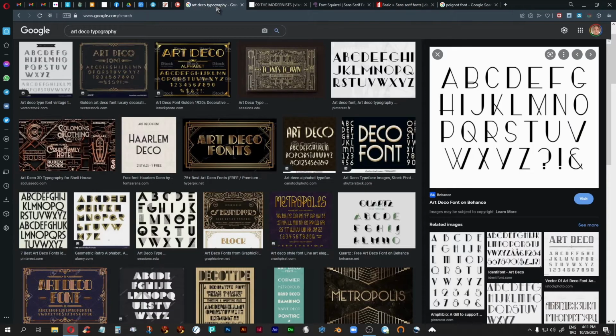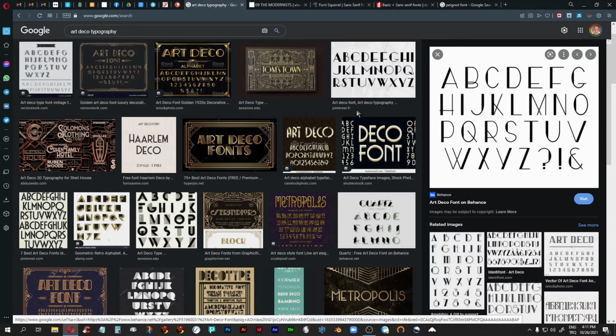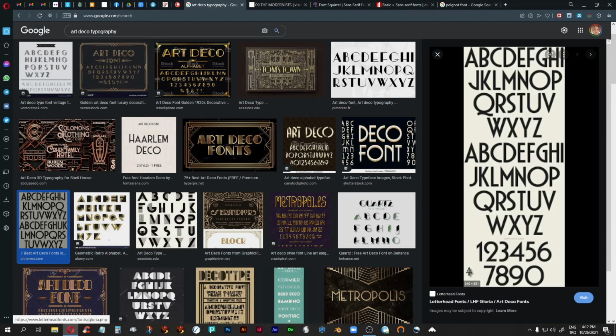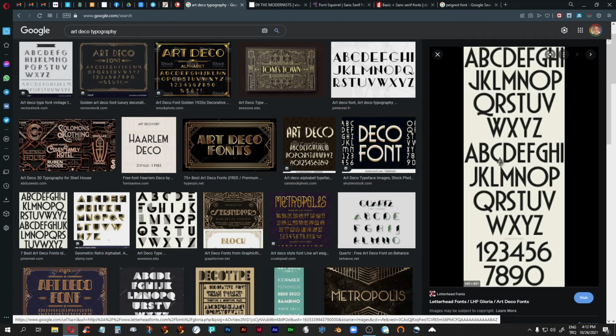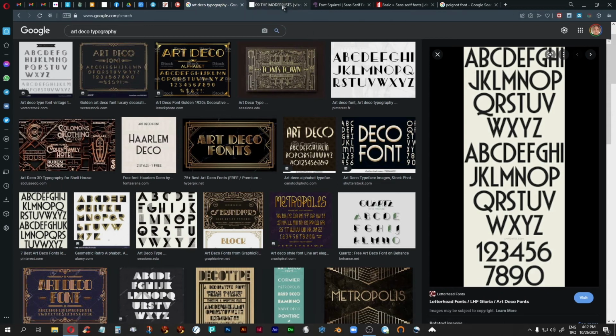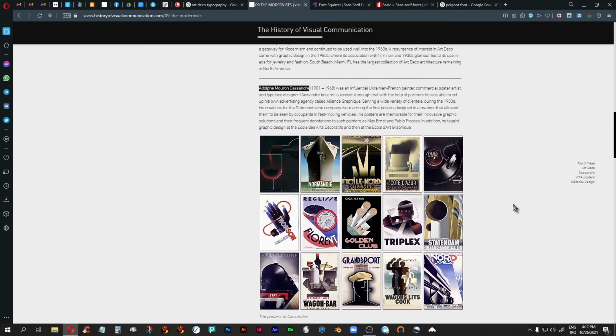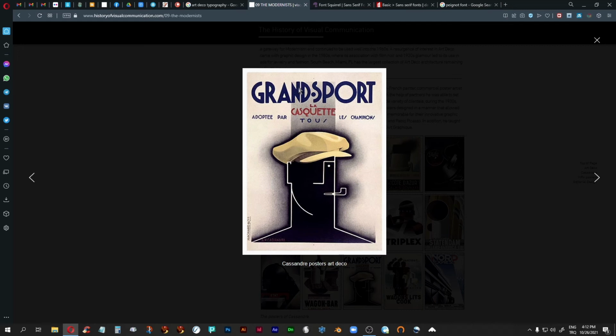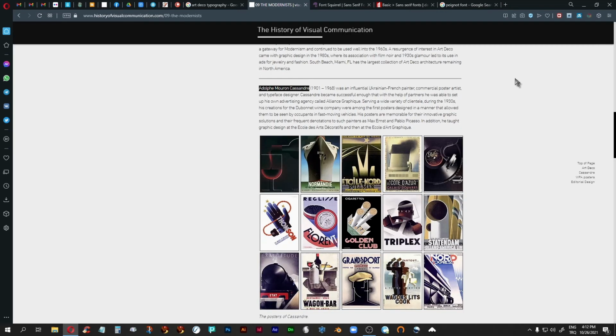But then there are also other Art Deco fonts, like this one here, for example, that doesn't have that difference in stroke width, or this one right here. But this is also a very typical Art Deco font, and in fact, if you go here to Cassandre's work, you will see a lot of examples, like this one here, for example, that use these kinds of fonts.